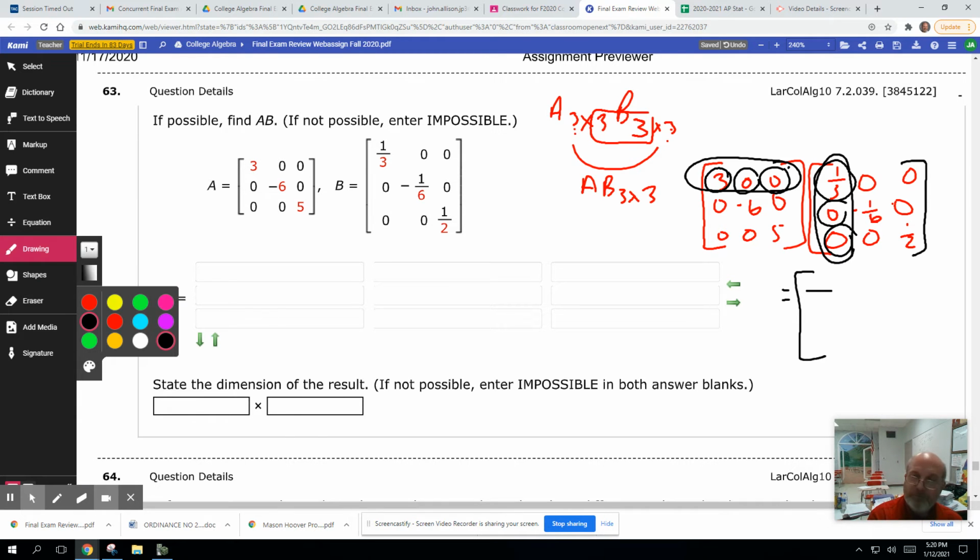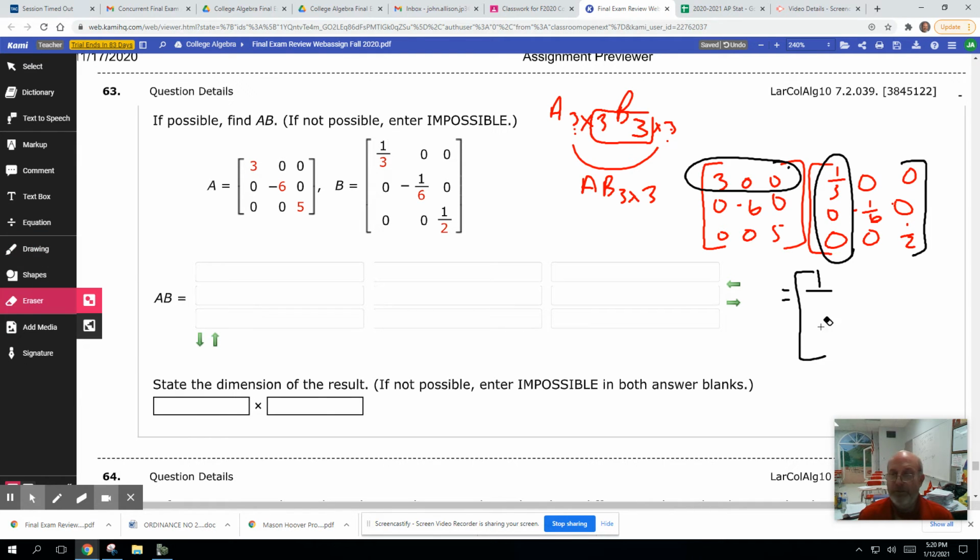So 3 times 1/3 gives me 1, plus 0 times 0 gives me 0, plus 0 times 0 gives me 0. So that entry is just 1.